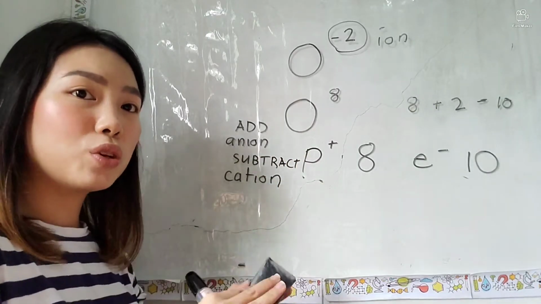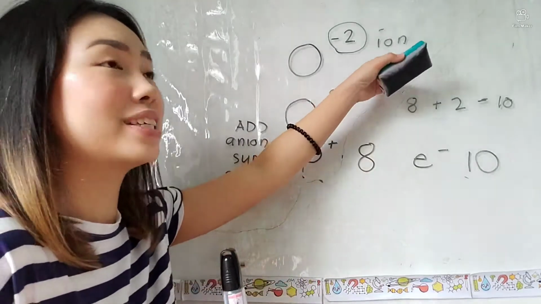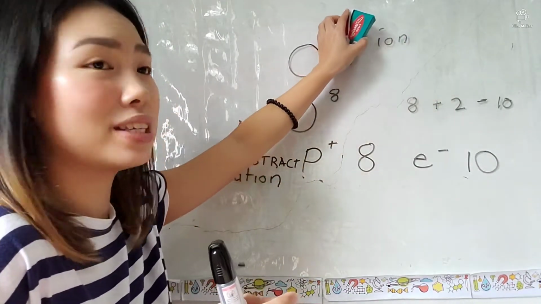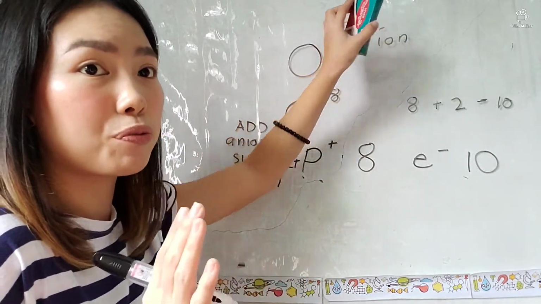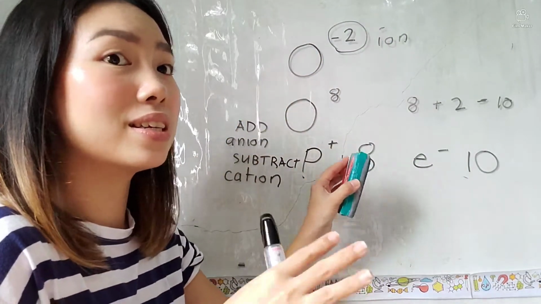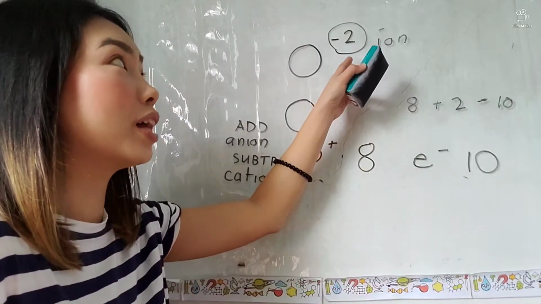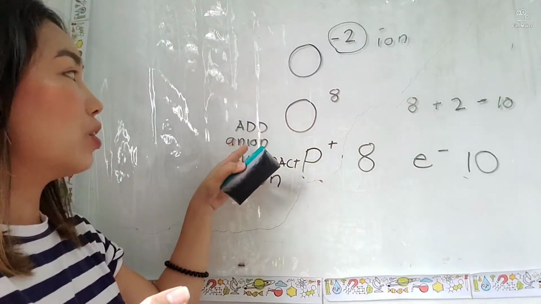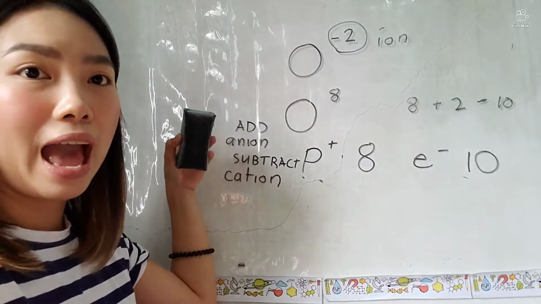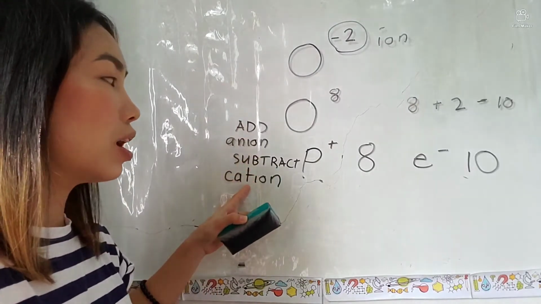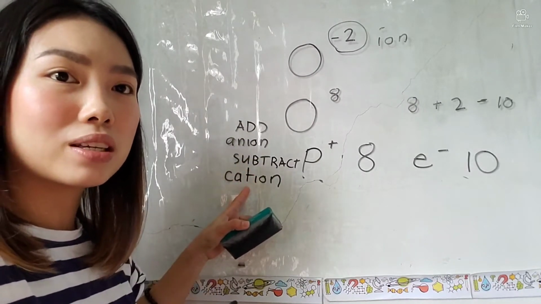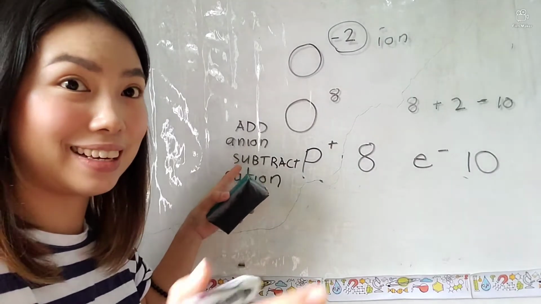Yan. So, yan yung tatandaan mo if there is a present ion. Pero kung wala namang present na ion, just stick with the number of proton is the same with the number of electron. Pero, kapag may ion na kagaya nito, if the ion is negative, add. And if the ion is positive, then subtract.